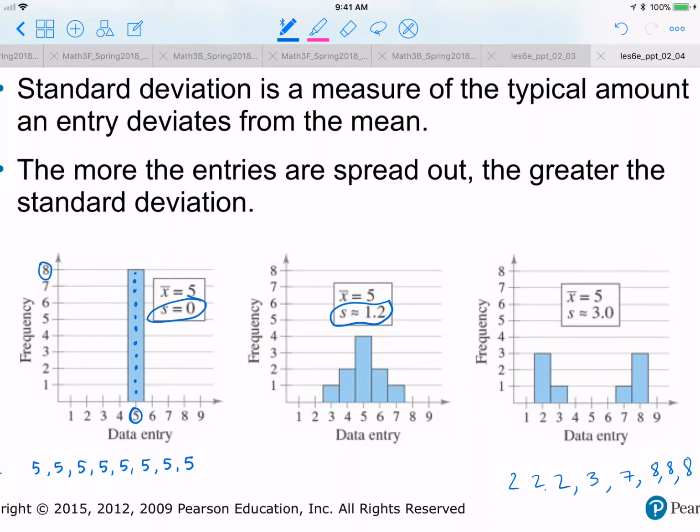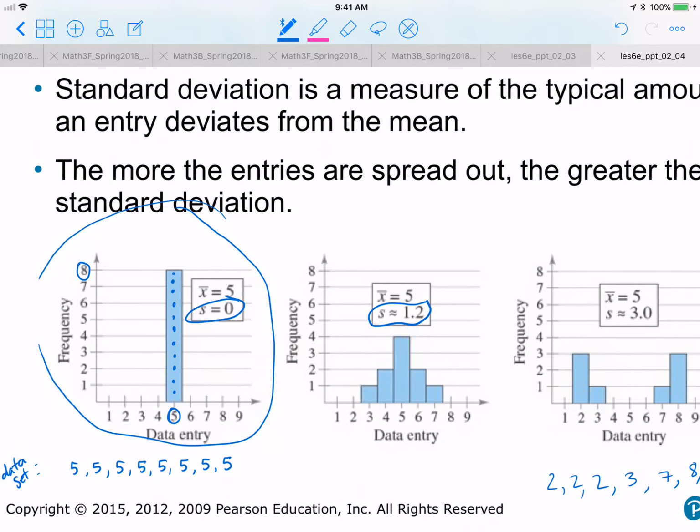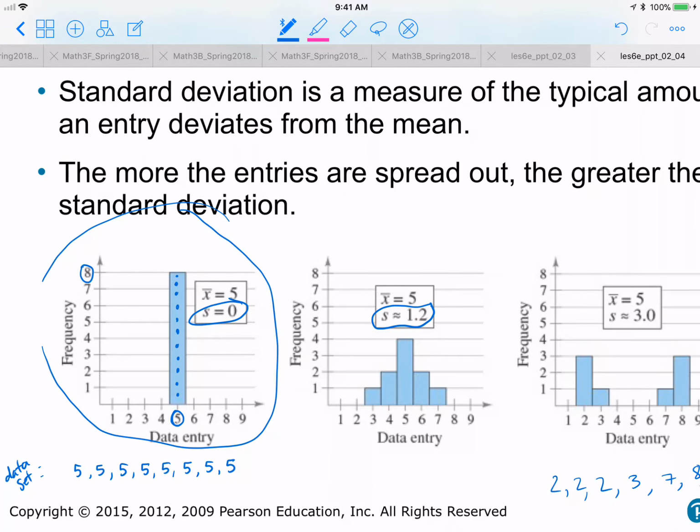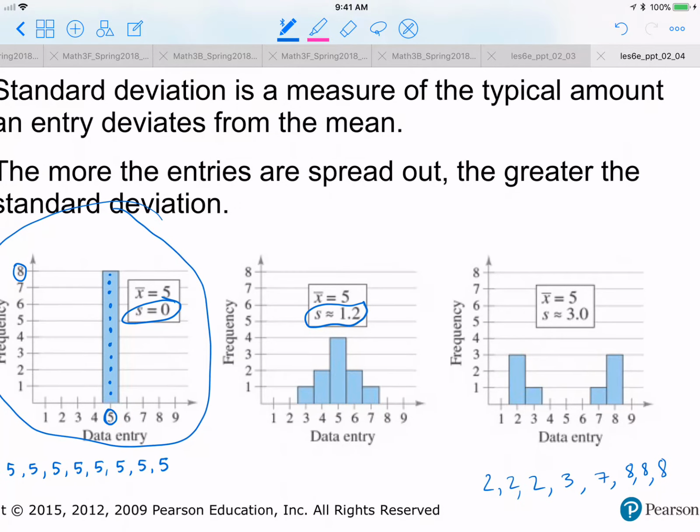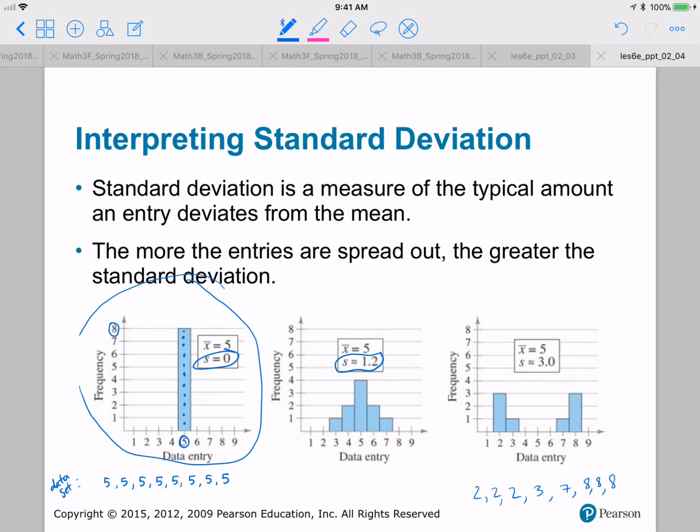Now if the mean is 5, all of these numbers are pretty far from 5 compared to this first data set over here where all of the numbers are exactly equal to the mean. Okay, so looking at these three graphs highlights the impact that the standard deviation can have on a data set and how two data sets are totally different if they have different standard deviations.